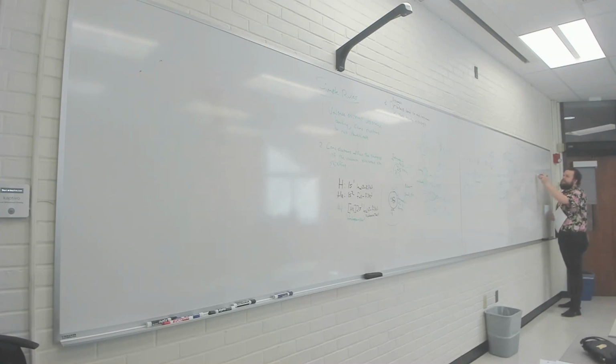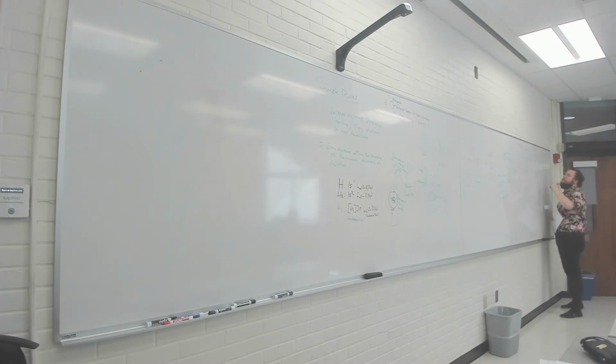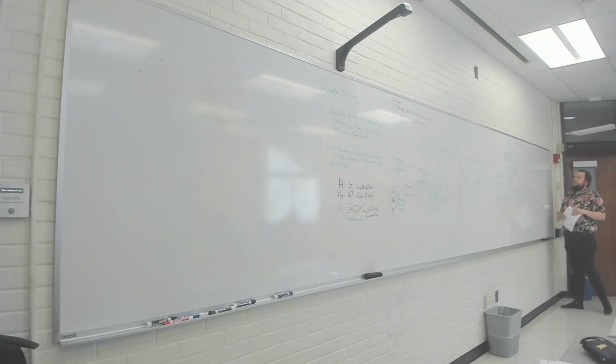Right. So the triple bond arises from, you have a single bond, right? Here's your single sigma bond, and then you have two pi orbitals, the x's and the y's, that form the double bonds. Right?